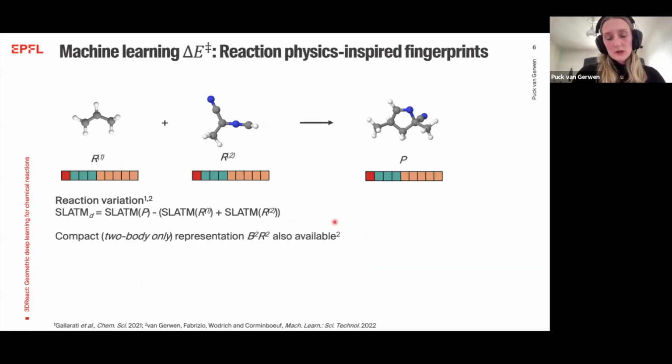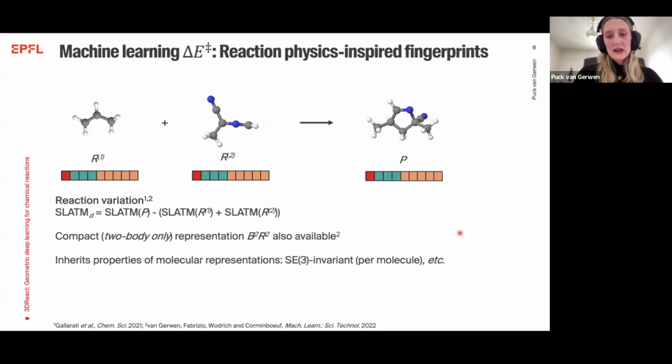And we've also introduced other variations of similar concepts, which are more compact, because having these higher order interaction terms does lead to an exponential growth of the size of your features. Because these are based on molecular representations that have certain properties, the reaction variations also inherit these nice properties.